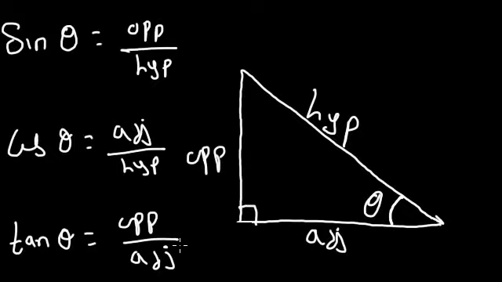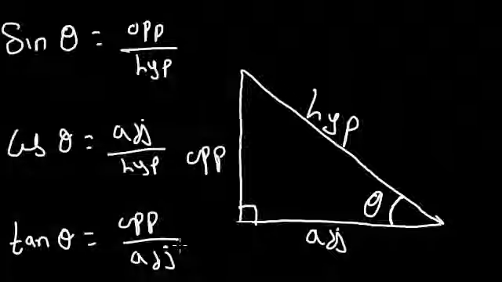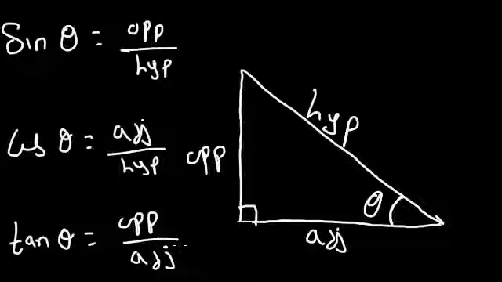Perfect. Now, this might be a little bit tricky for those seeing it for the first time. For easy remembrance, how can we make this simpler? That is when the idea of Soh Cah Toa comes in.